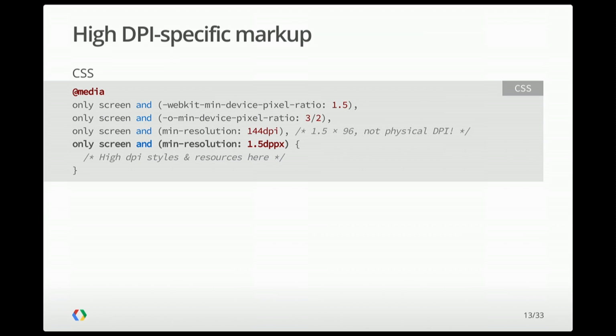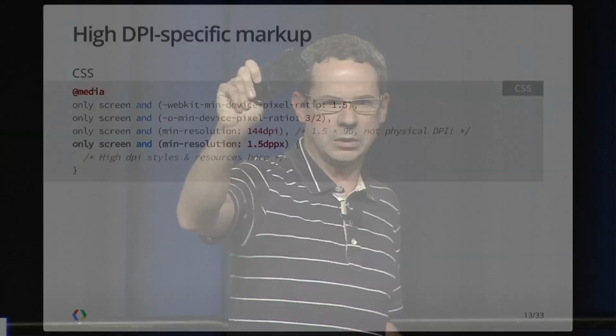So you need the one for WebKit, for Opera. But I want to point out the third line there, the min resolution 144 DPI, because that's also going to work in the future. Now, you'd think, right, that this device, which is 326 or something like that, should classify as that. What that number is, is the number of pixels at the standard level.